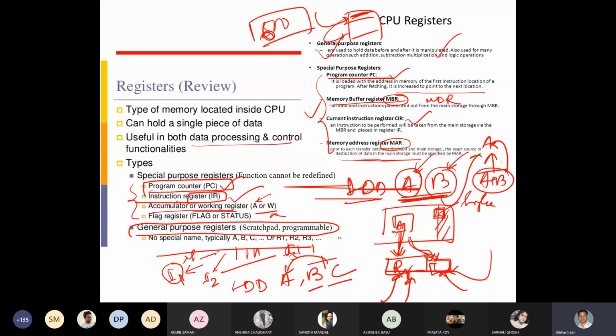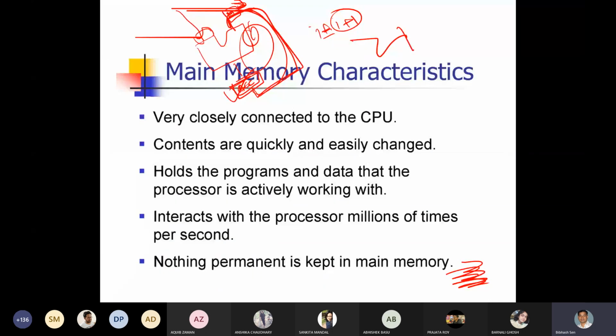The memory buffer register is a special register which takes data and instructions in and out from the main storage to the CPU registers, through the MBR. But the MAR will specify the exact location in the main storage where the data or instruction is present. So the MAR specifies the location, and from that location the data will be loaded to the MBR, in this way.